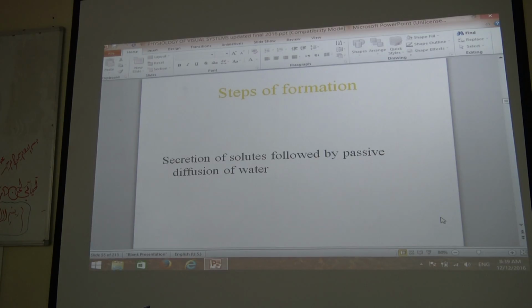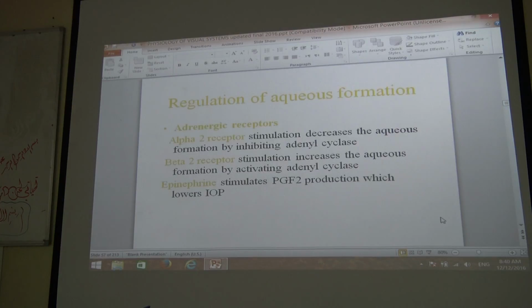The ATPase blockers are digitalis cardiac glycosides, which inhibit the ATPase, and carbonic anhydrase inhibitors. Regarding adrenergic receptors, alpha adrenergic receptor stimulation decreases the aqueous humor, while beta receptors increase aqueous humor formation. So beta receptors increase production of aqueous humor, and alpha receptor stimulation decreases production.